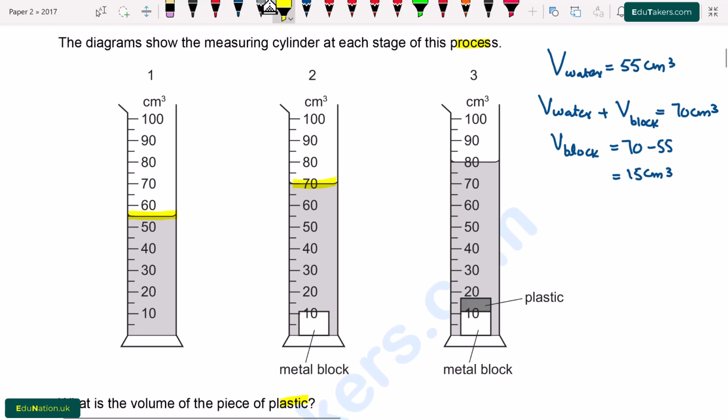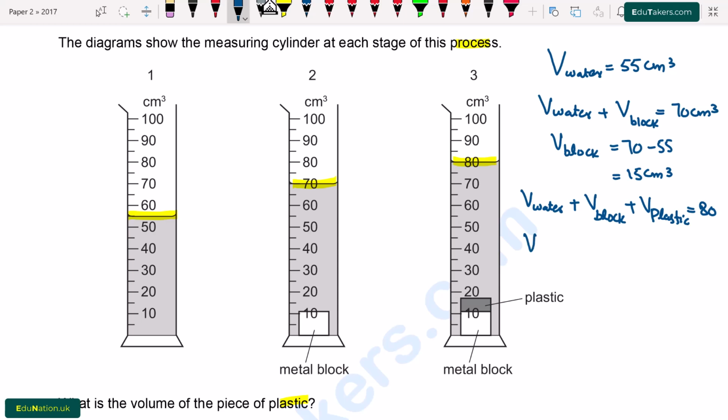In diagram 3, when the plastic is also placed inside this measuring cylinder, then the volume is 80 cubic centimeter. So I write here: volume of water plus volume of the block, which is the metal block, plus volume of the plastic is equal to 80 cubic centimeter. Next we have to find out the volume of the plastic.